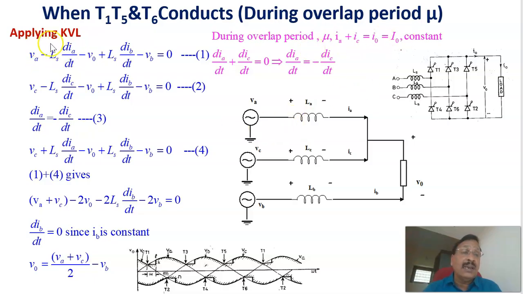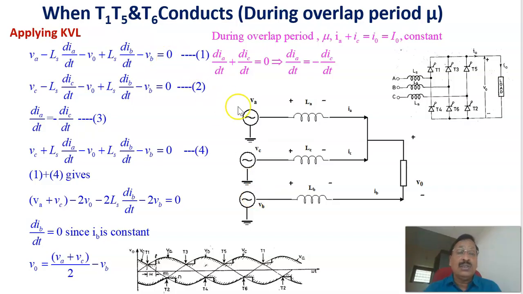First, we derive by applying Kirchhoff's voltage law. Then we get VA minus, that is the potential rise, the potential drop LS dIA by dt, minus the drop across the load V0, then plus the potential rise LS dIB by dt, minus VB equal to 0.